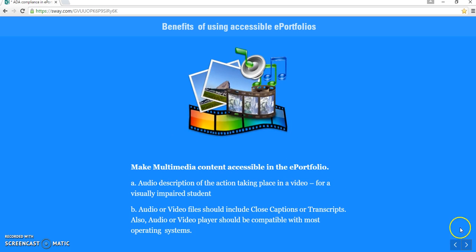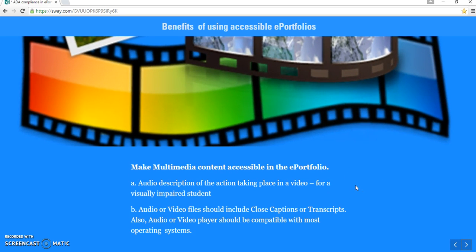Then there comes a very important aspect, which is multimedia. In multimedia, the audio and video files should have a description. For visually impaired people, it's very important that we have audio description of the action taking place in the video.